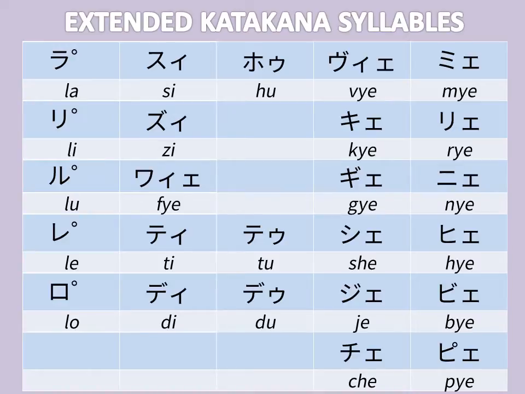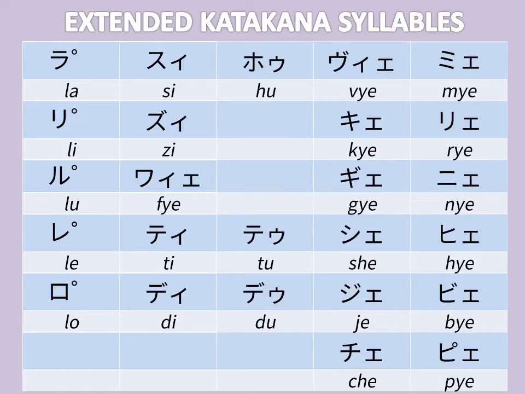Moving on to the third column, we have ho. So ho with small u is hu. And in that same column, we have te with small u, converting it to tu, and de with small u, converting it to du. Then the fourth column, we have again 3 characters.